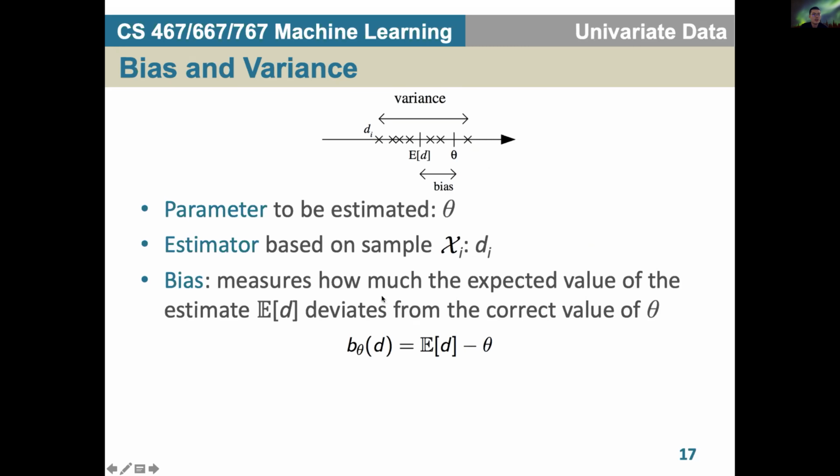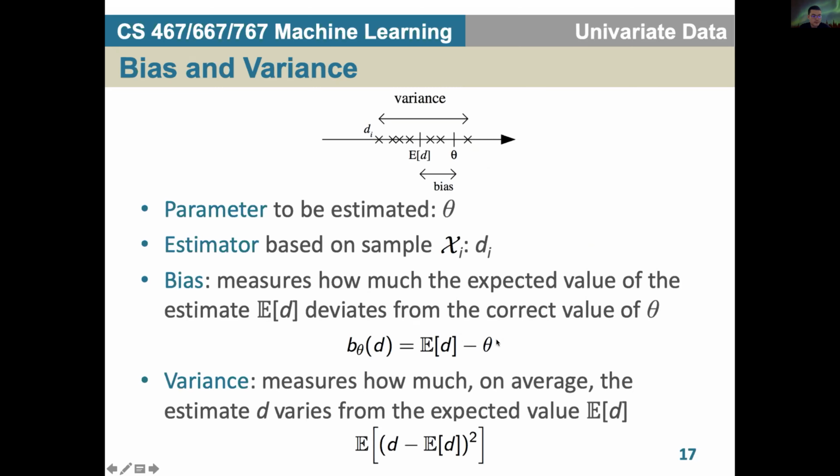What we want is for the bias, which means the expected value of your estimator over all kinds of data sampled from the underlying distribution, to be as close as possible to the ground truth theta. So bias is defined as the distance from your expected theta hat to theta.